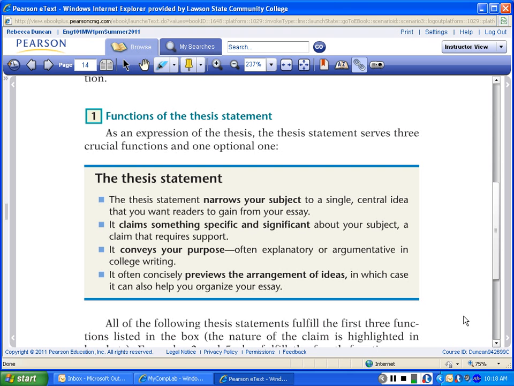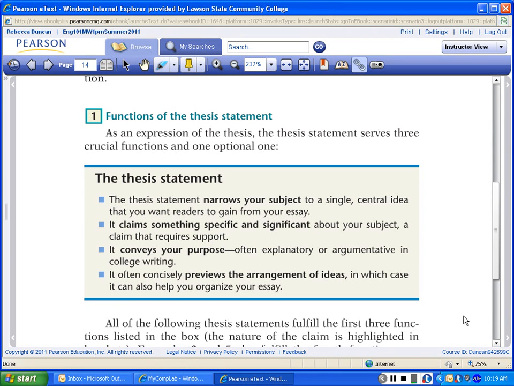First of all, it narrows your subject to a single central idea. Often in my class you will have a set of topics to choose from, and within that topic, it's very broad. There are different approaches. Now, the type of essay that you're assigned, whether it be exemplification or cause-effect or definition or comparison-contrast or argument, will really help determine the next level of narrowing it down.